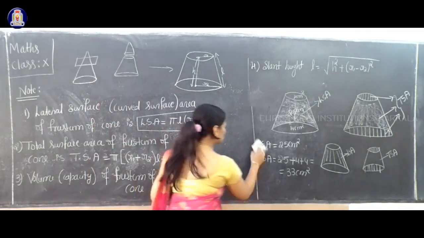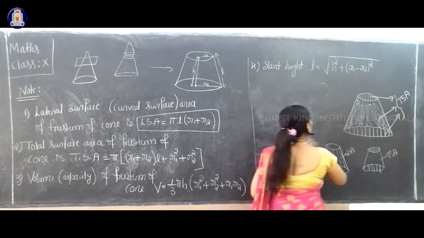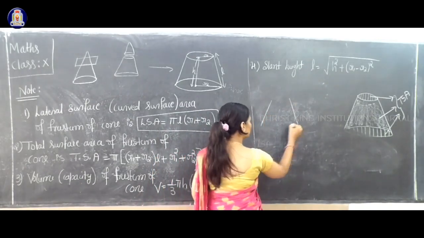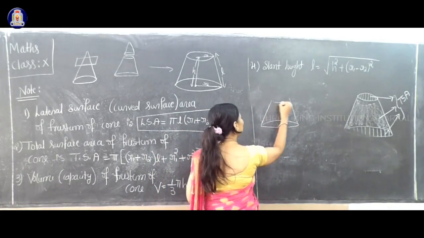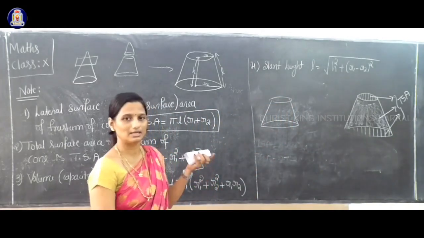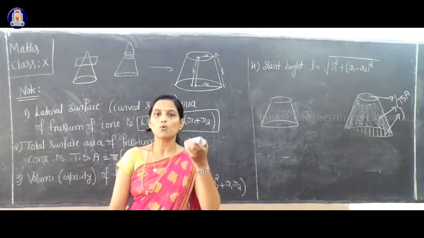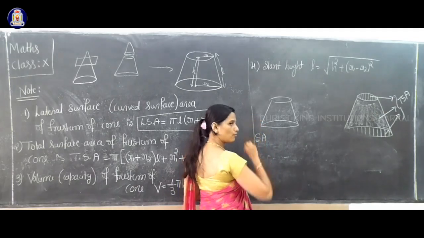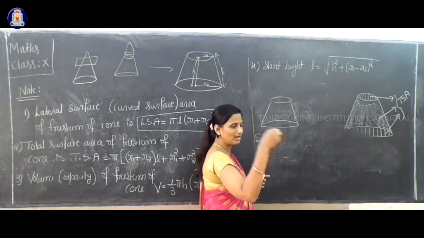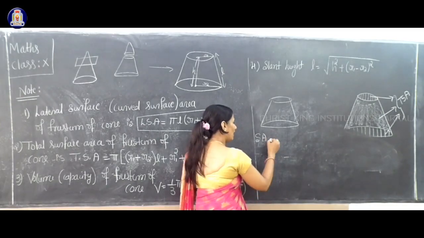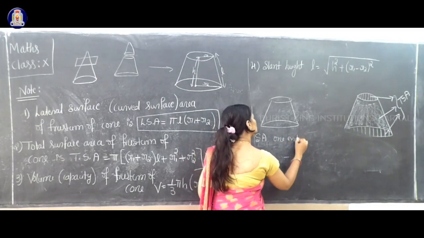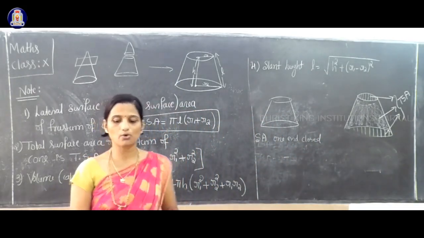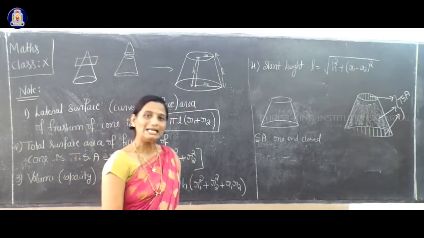And one more point. Suppose: find the surface area of a frustum of a cone with the measurements, height, radius, everything given, and one end is closed.